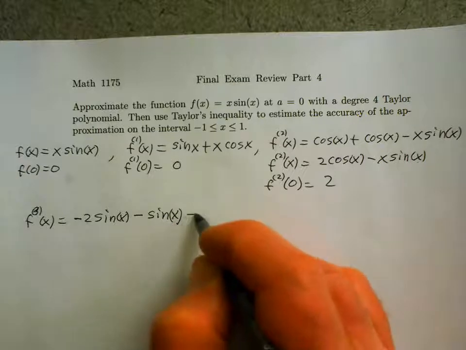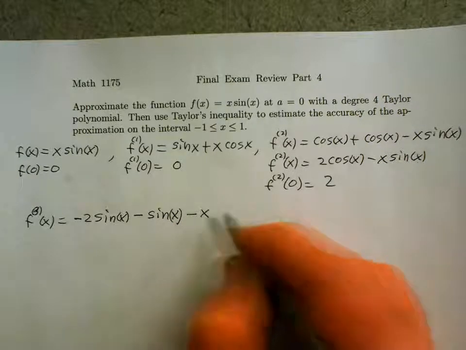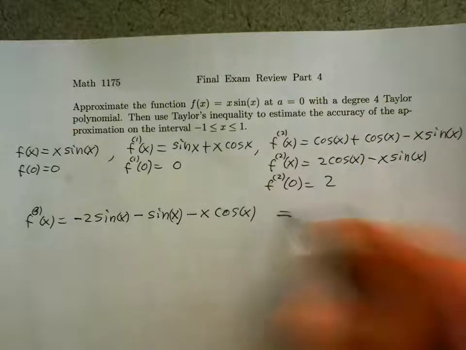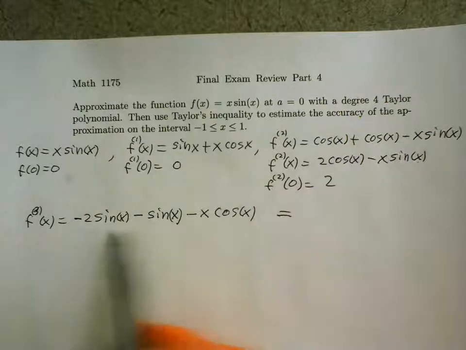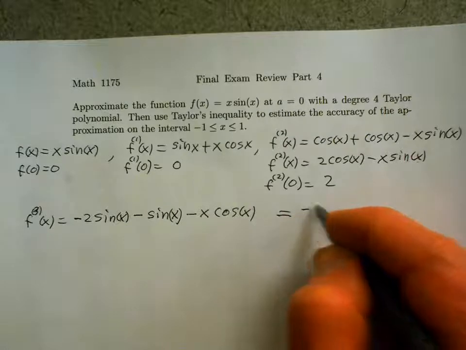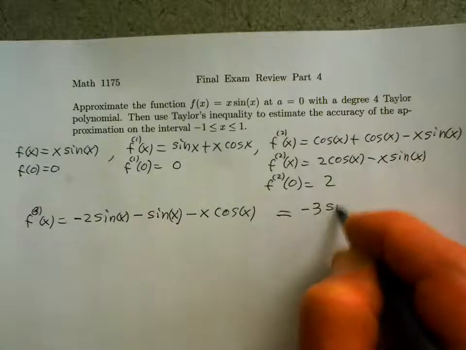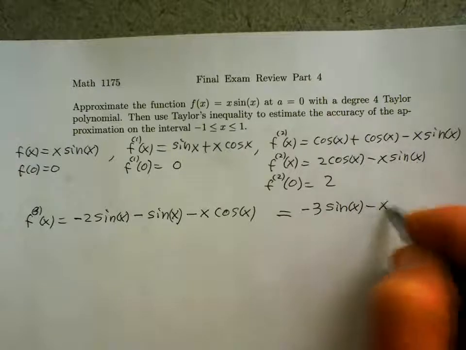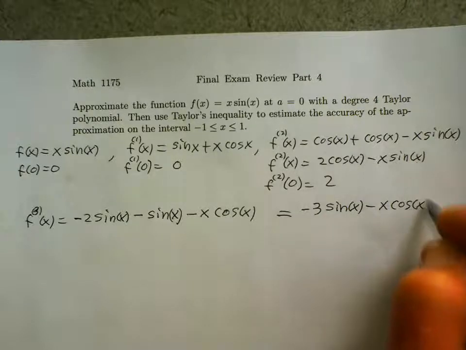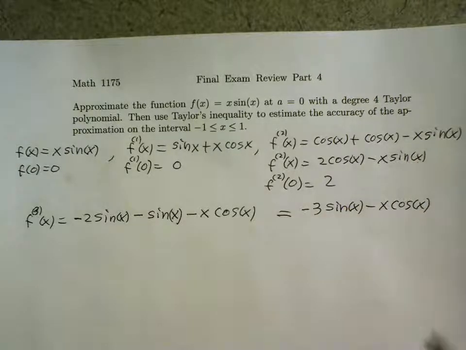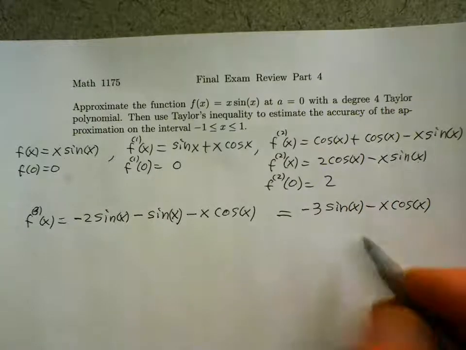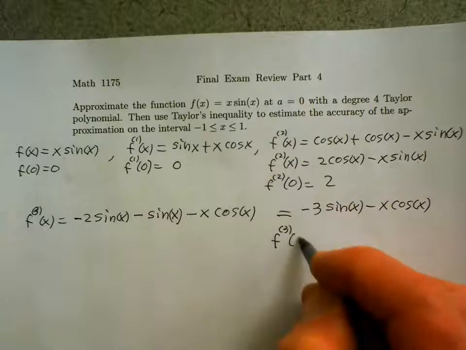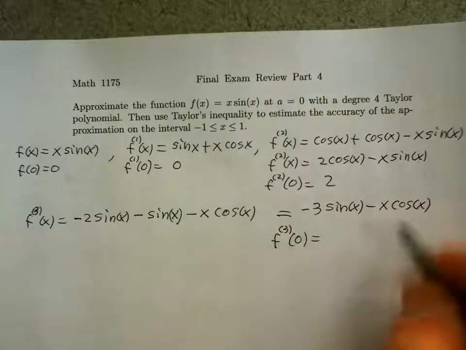And then minus x times cosine of x. Simplify this by combining the like terms, we get negative 3 sine of x minus x times cosine of x. And then when we evaluate the third derivative at x equals 0, we get 0 again.